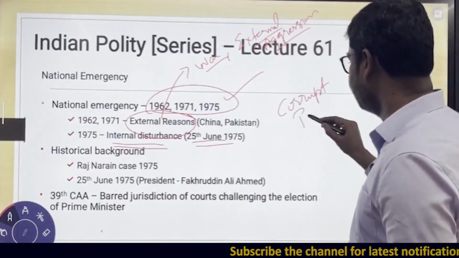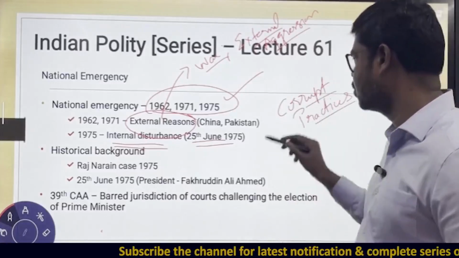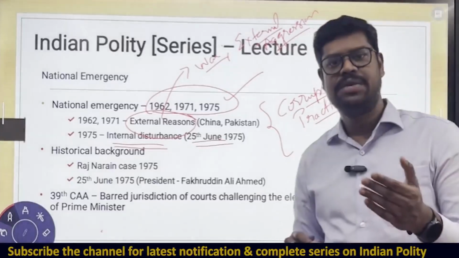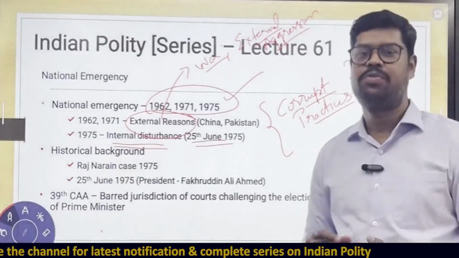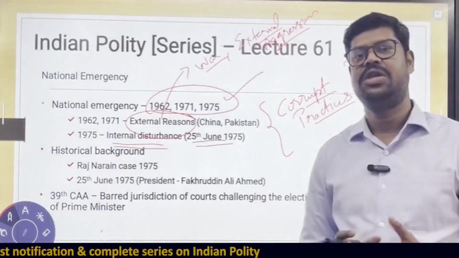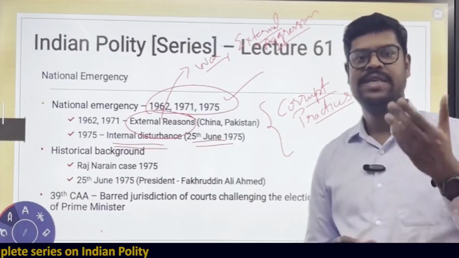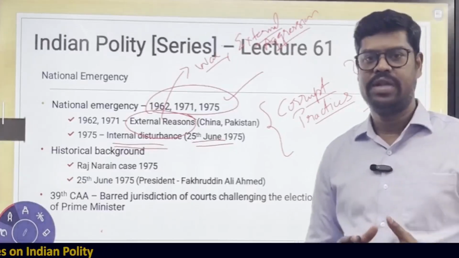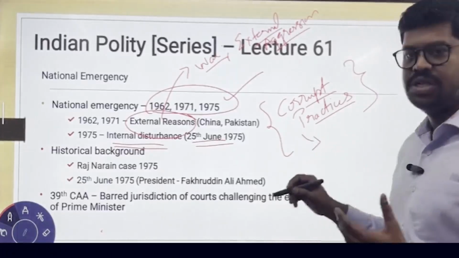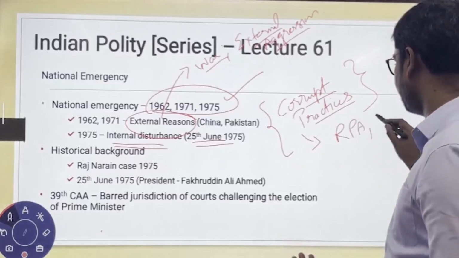In the opinion of Mr. Raj Narayan, Prime Minister Indira Gandhi misused her official position in winning the elections. She misused government officials and government resources in her favor, and based on that she was able to win the elections. Hence, misusing government resources and officials for winning the election is a corrupt practice under the Representation of the People Act 1951.